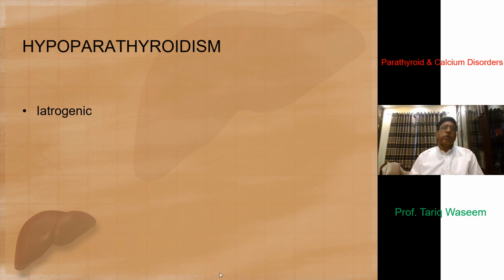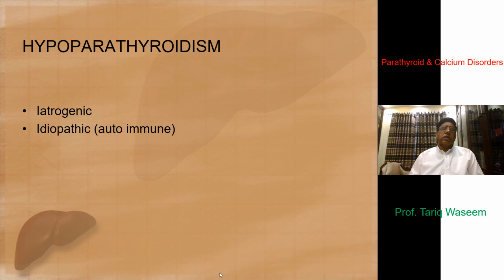In many of the patients who undergo thyroid surgery, there is a chance of accidental removal of the parathyroid gland along with the thyroid, and some of the patients who have the parathyroid gland accidentally operated upon during thyroid surgery may later develop hypoparathyroidism and all the symptoms of hypoparathyroidism.